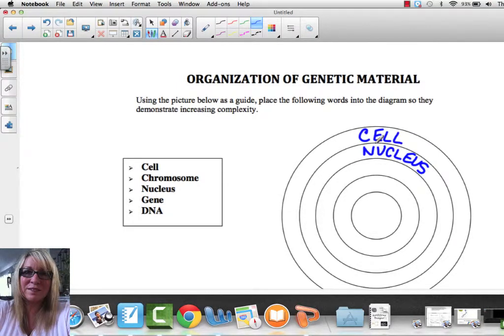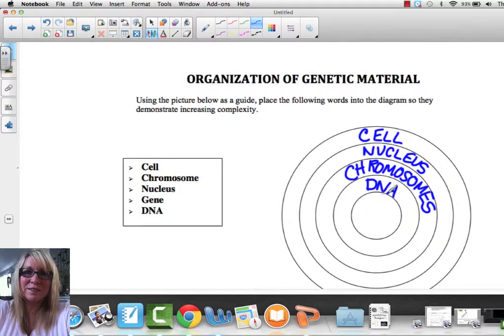And what's found in the nucleus? In the nucleus is where our chromosomes are. We get 23 from our mom and 23 from our dad. And our chromosomes contain the genetic material, which is our DNA.